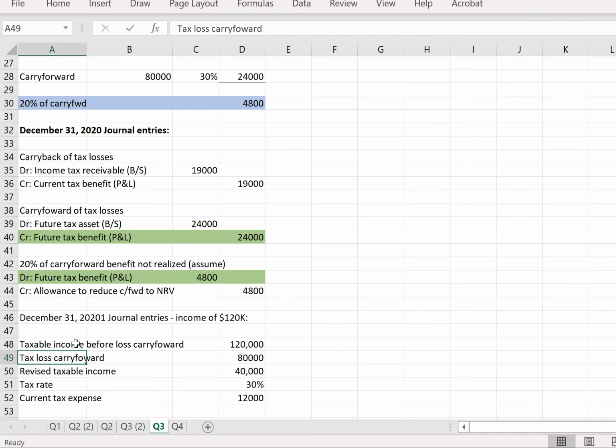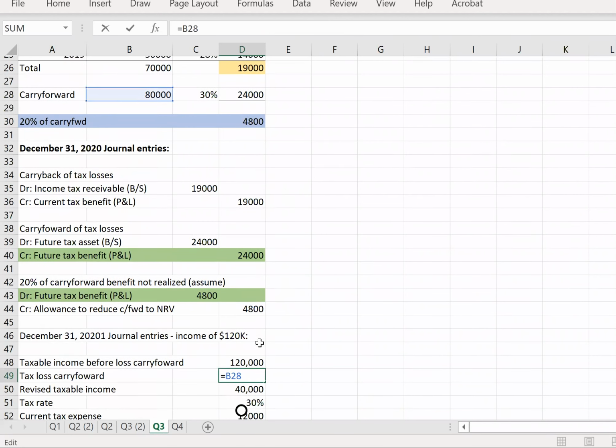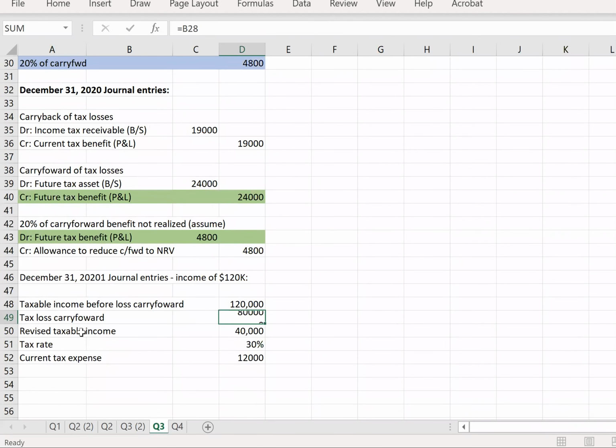We've got a tax loss carry forward of $80,000, which is coming from up here, and this is gross of the allowance. Now we have revised taxable income, which is simply the difference between those, 40,000. We apply the tax rate of 30%, and our current tax expense now is $12,000.